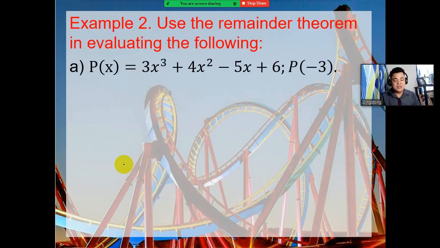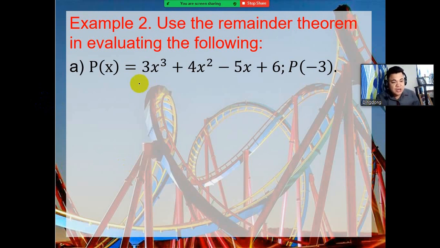Okay? Next, example 2. Use the remainder theorem in evaluating the following. It's up to you if you would like to use direct substitution or synthetic substitution in simplifying this. But for the meantime, let's use synthetic substitution so that you can compare which is easier to use, synthetic substitution or direct substitution.